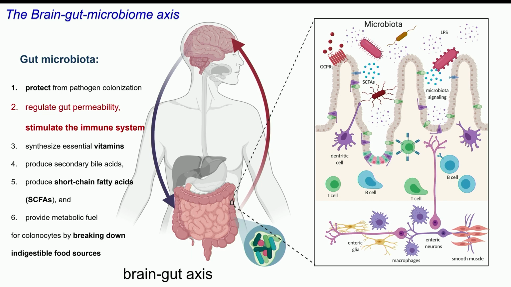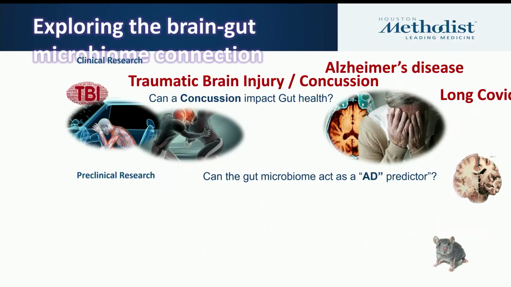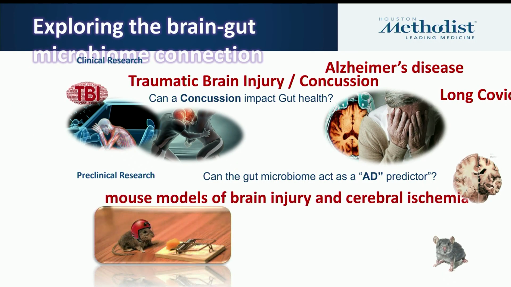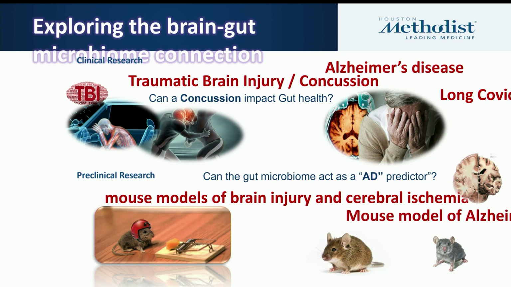Now we need to manipulate these mechanisms to try to protect the brain in some way. In my lab we are studying different diseases involved in the brain-gut microbiome connection. One of them is traumatic brain injury. We also did a clinical study with concussions in football players, at Rice University, by the way, and we identified change in the gut microbiome after a single concussion.